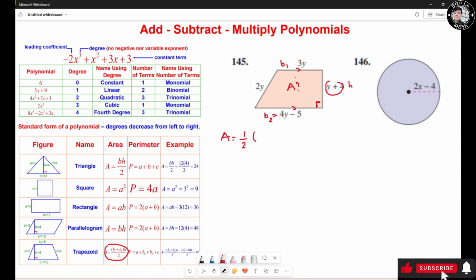this is the height. Alright, so the area equals 1/2, right? Base 1 is 3y times base 2, 4y minus 5 times height. Height is going to be y plus 4, right? Now we need to distribute this guy first.